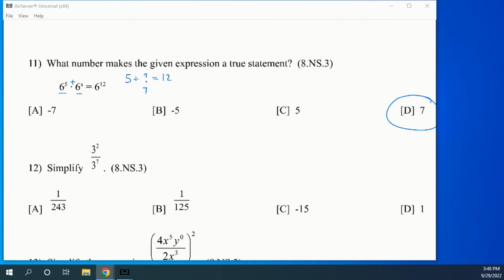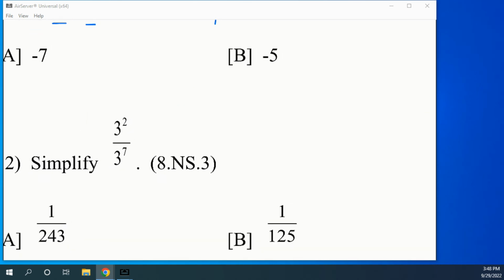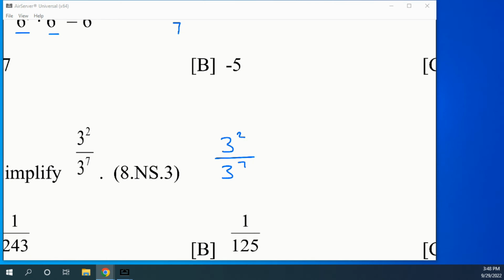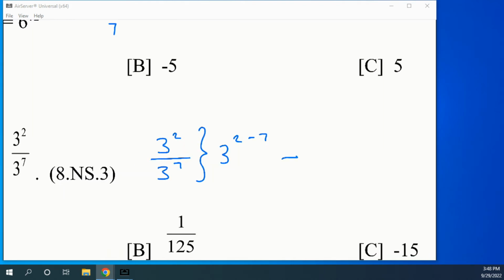Number 12, simplify. So as I said on one of the earlier questions, when we have powers with the same base and different exponents, we subtract them from the top down. What that means is this is going to be 3 to the 2 minus 7 power, which then will give us 3 to the negative 5th power.